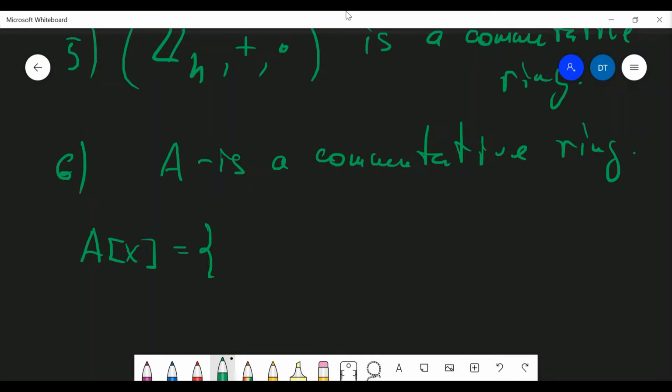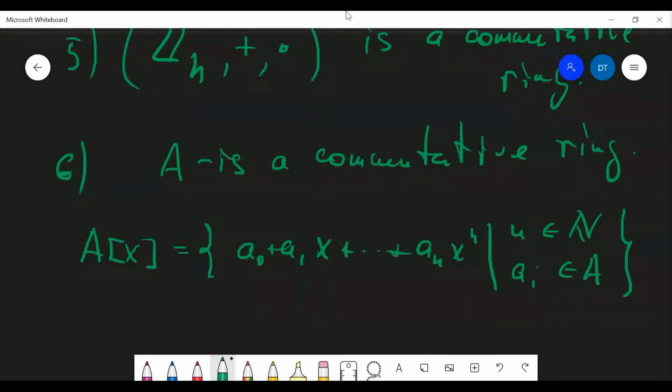So as a set, it's a set of all possible pictures of this form, where n is a natural number, and all letters a0, ..., an belong to the commutative ring A, and x is just a symbol on a sheet of paper. So these are just pictures. They do not have any other sense.